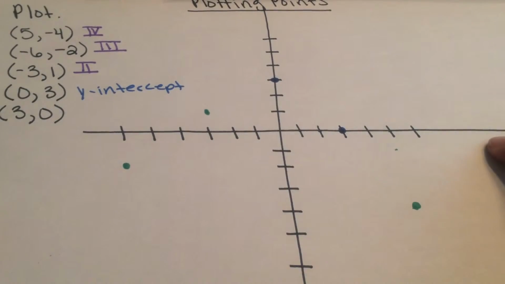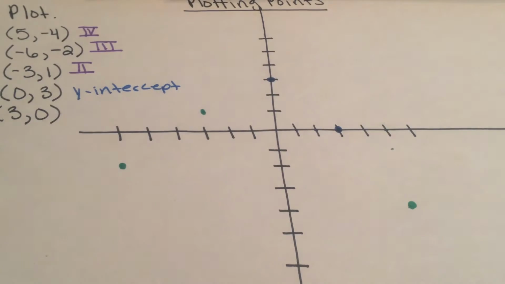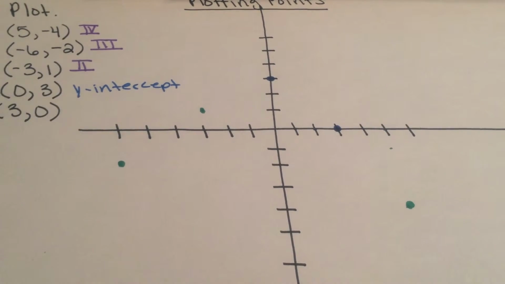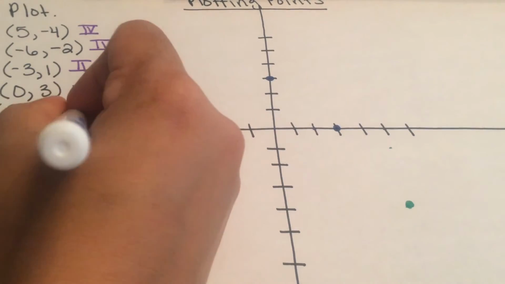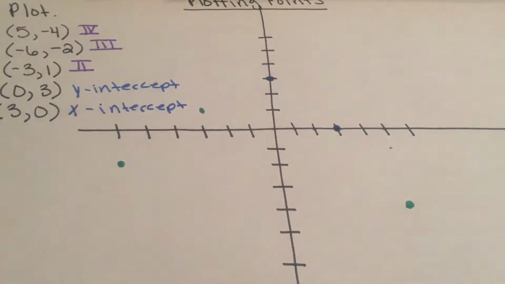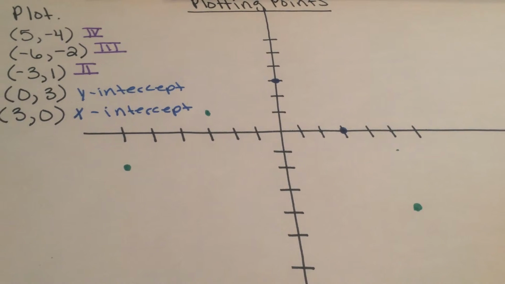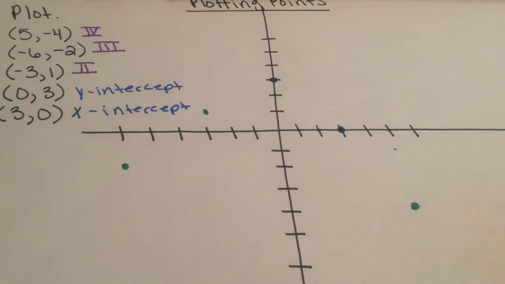And if we notice, that puts us on our x-axis. So when our point lies on our y-axis, it's called the y-intercept. If it lies on our x-axis, it's going to be called the x-intercept. And again, they don't mean a whole lot to us right now, but they will as we move through linear equations.